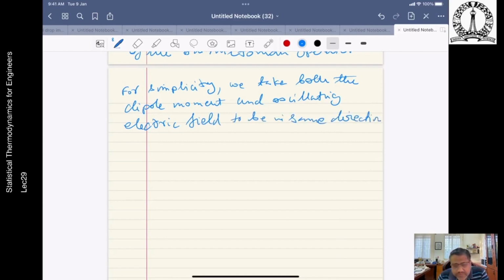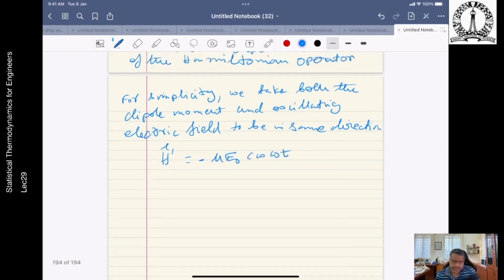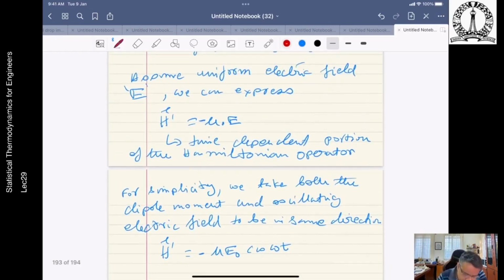okay, so in other words, E is equal to E naught cos omega t. So that means the dot product now becomes simple, since both the vectors are basically in the same direction.